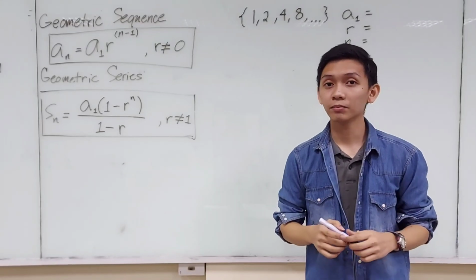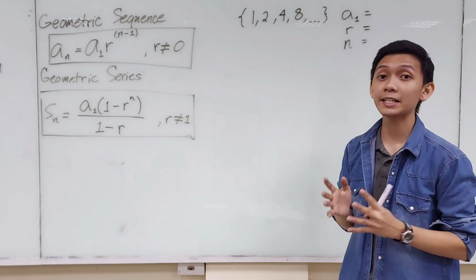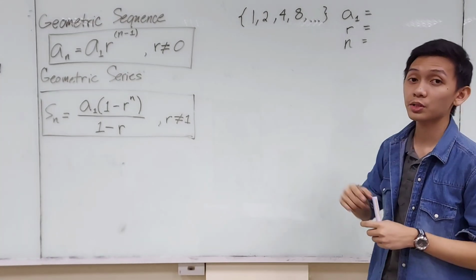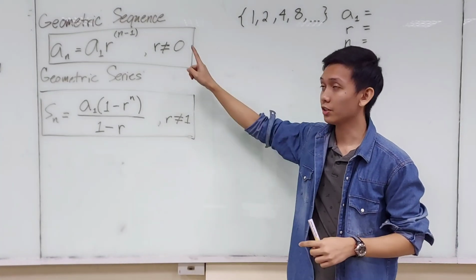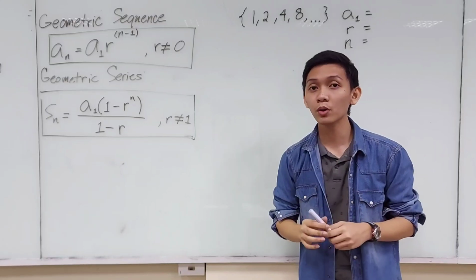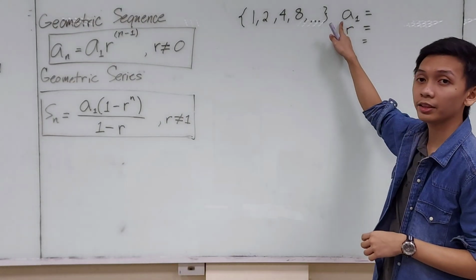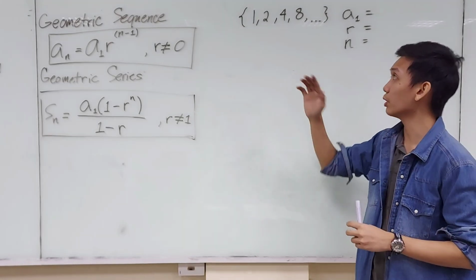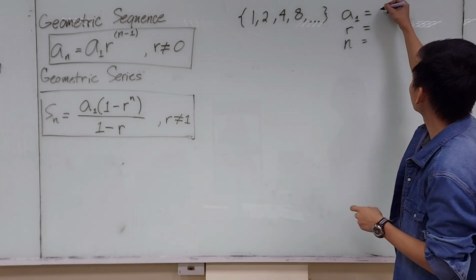Based on the problem, we have this geometric sequence 1, 2, 4, 8, and so on. Now, using this formula, the first thing we do is find the values of a sub 1, r, and n. The value of a sub 1, or the first term, is 1.